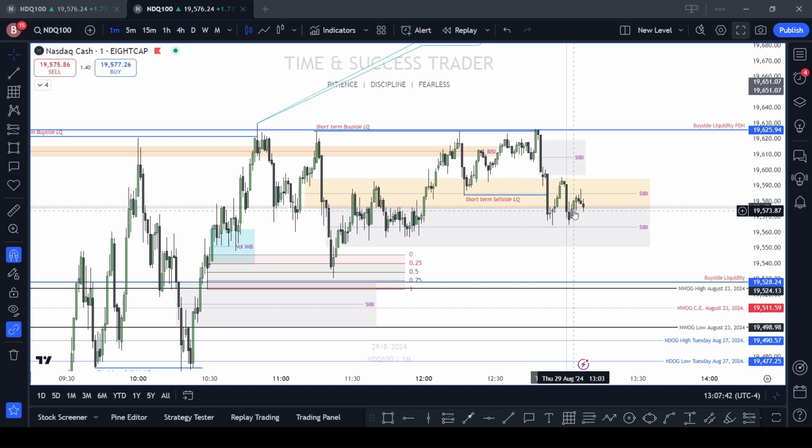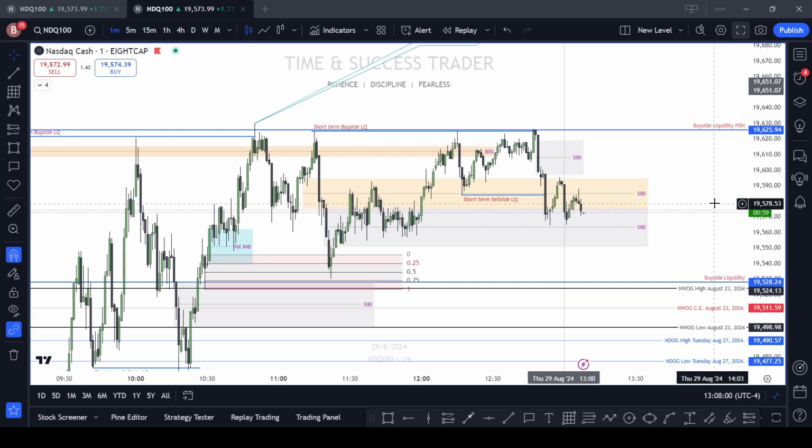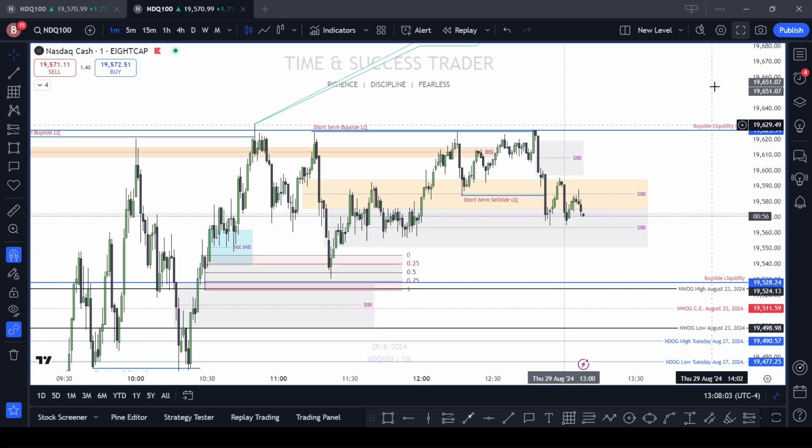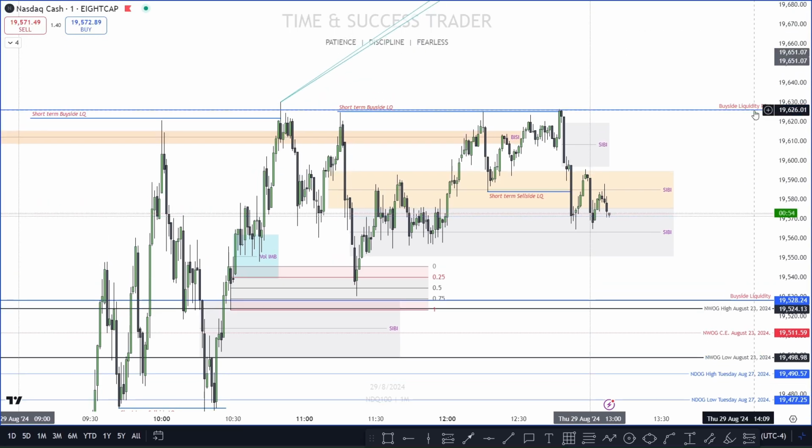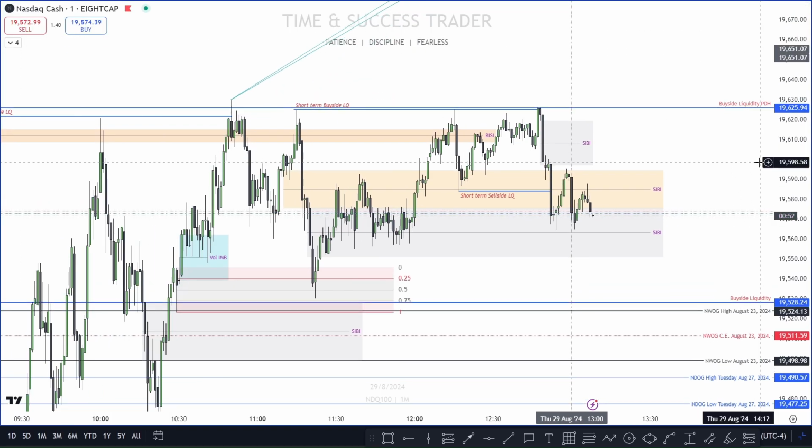Now we came back up again. Now we're looking at the reaction to this area right here. So we're waiting to see if we want to trade higher or are we going to be seeing lower prices.